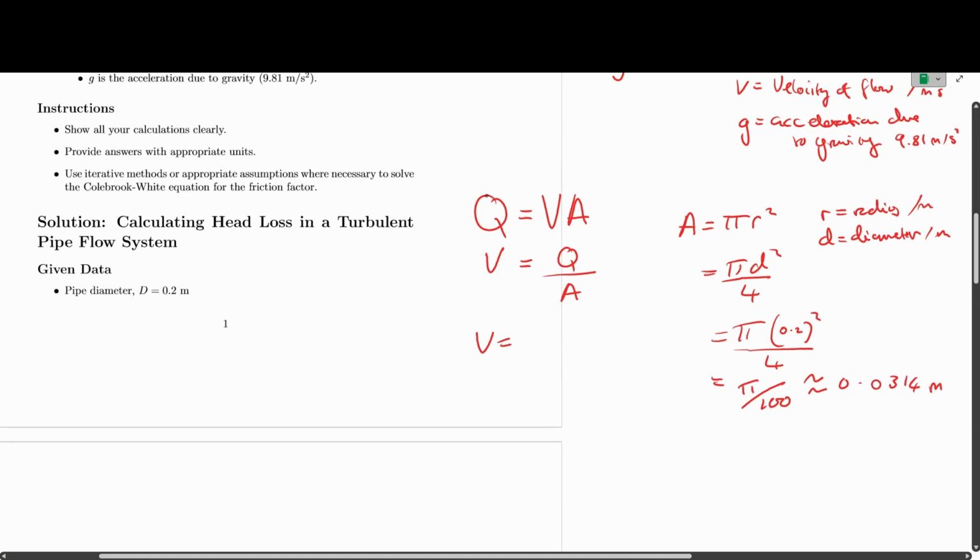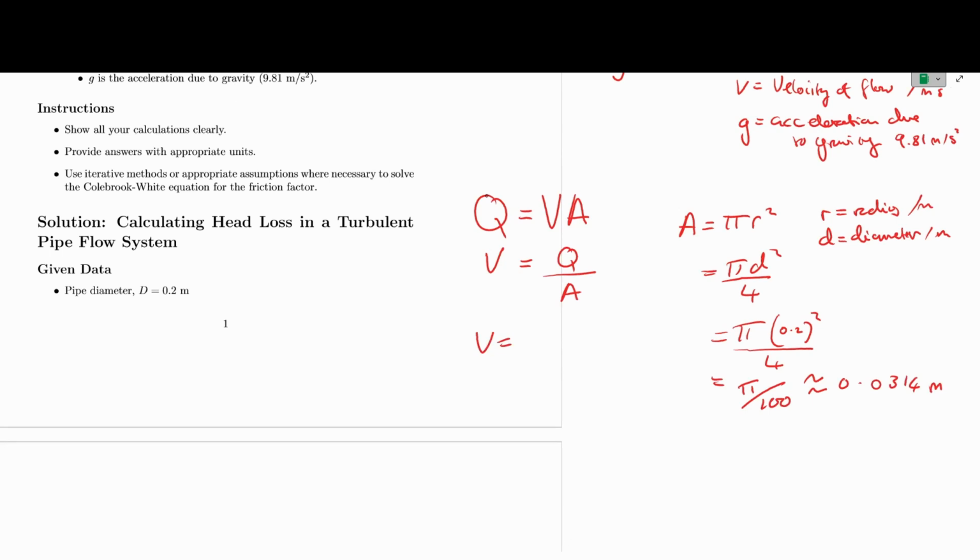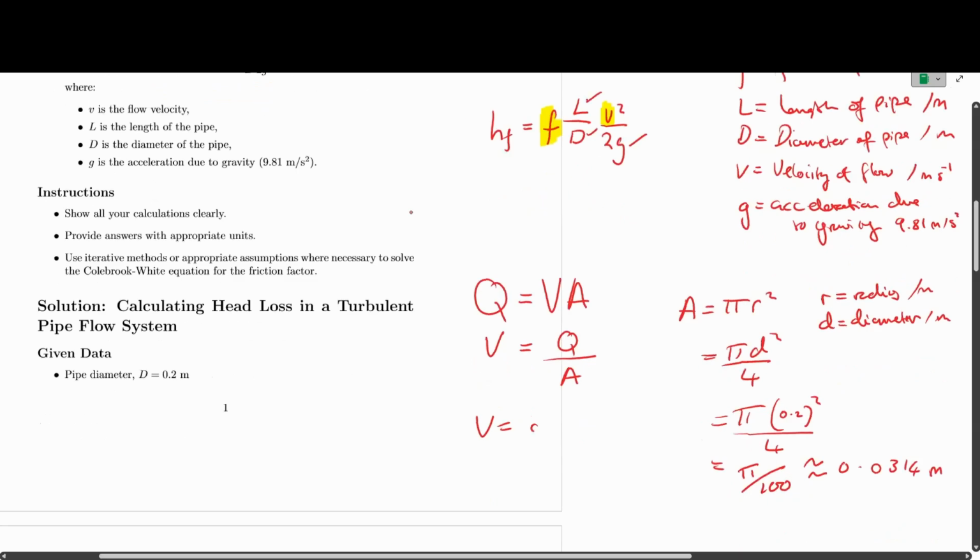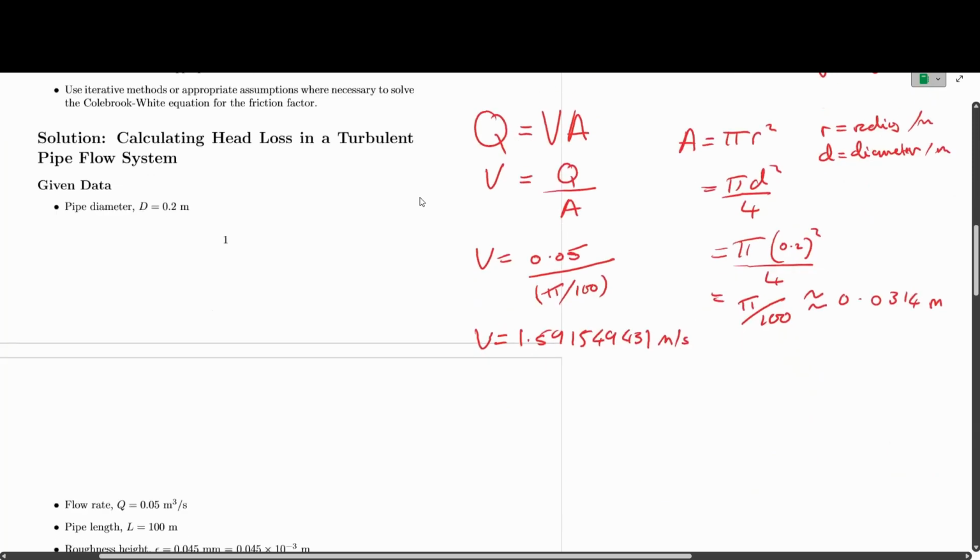So our velocity is therefore 0.05 over pi over 100, and 5 divided by that gives us 1.59154941 meters per second. So if you're in an exam, I would write out the full number and then round it up, just to emphasize that you know the original value and that you are rounding.